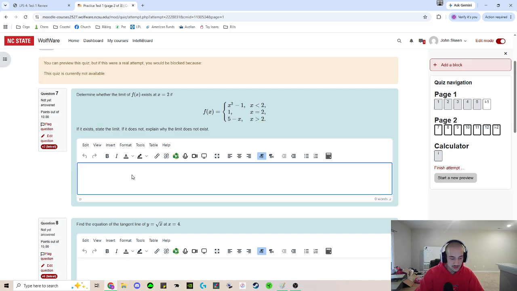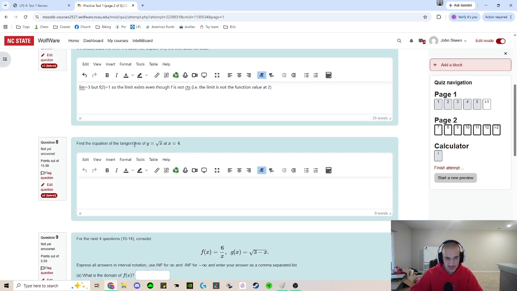So the limit equals 3, but f of 2 equals 1, so the limit exists even though f is not continuous. And we'd say, i.e., the limit is not the function value at 2.